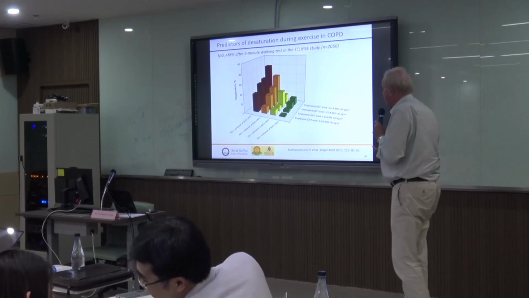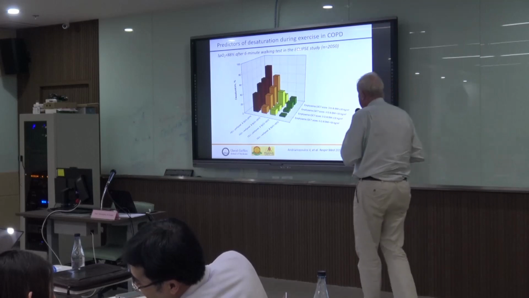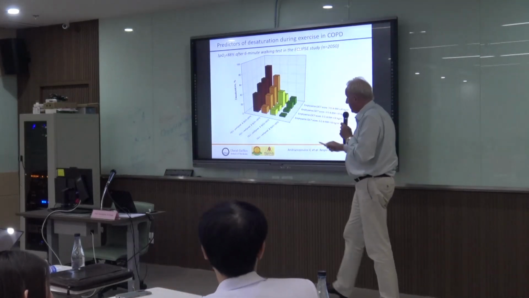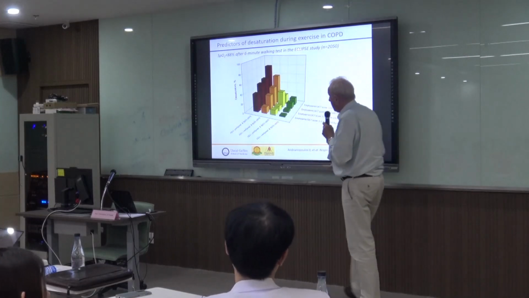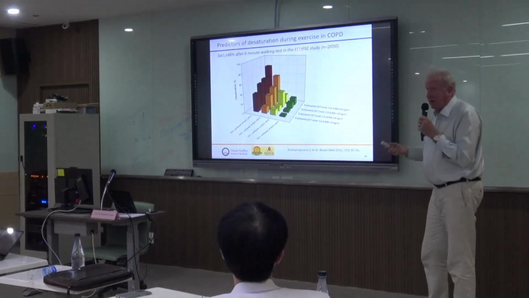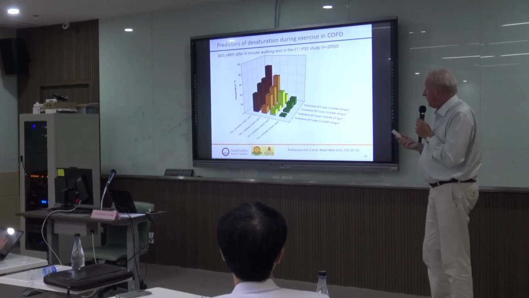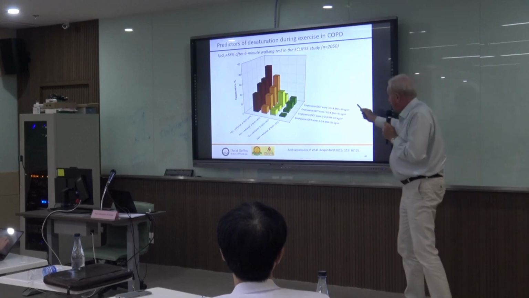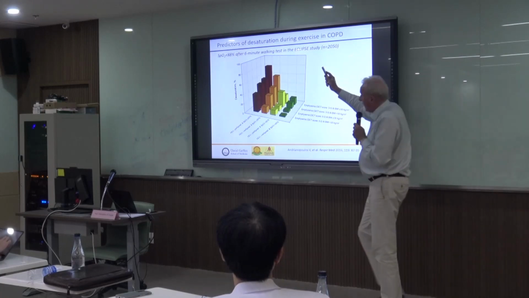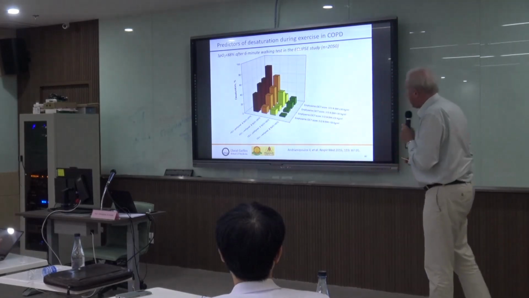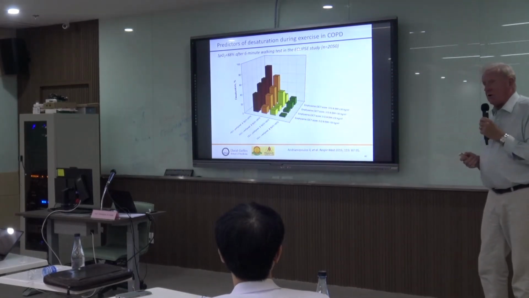Well, this is predictable based on the degree of emphysema primarily, but also based on FEV1 and baseline oxygen saturation when you start. But that's not surprising. The worse the FEV1, and particularly the worse the emphysema, the more likely the patient is going to desaturate when you exercise them.